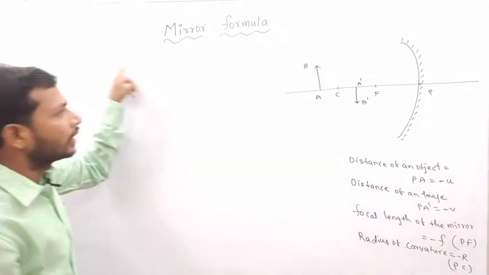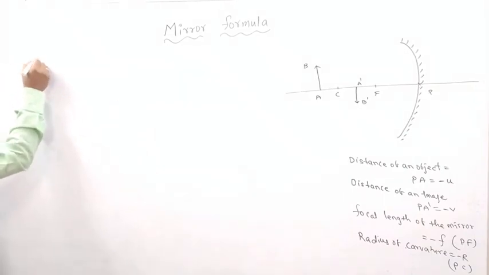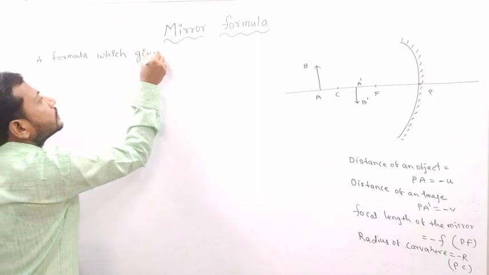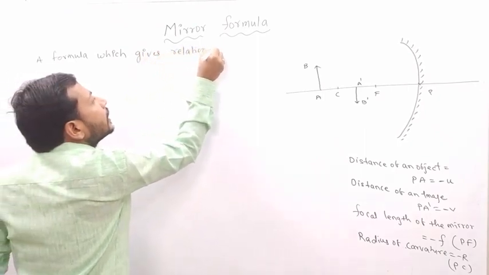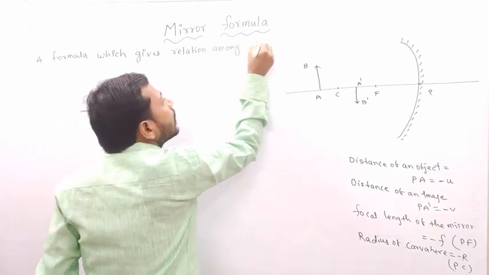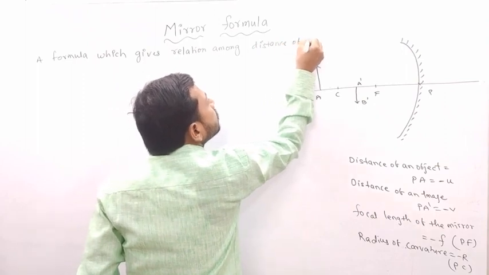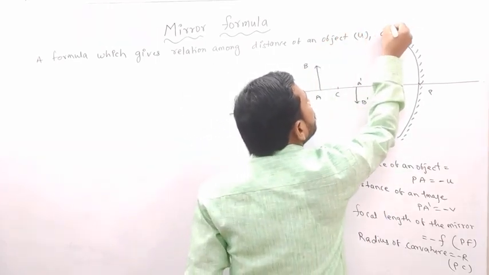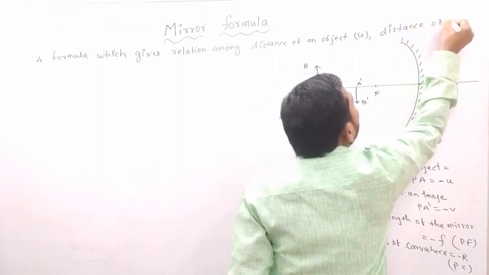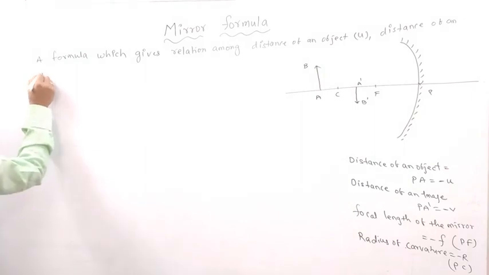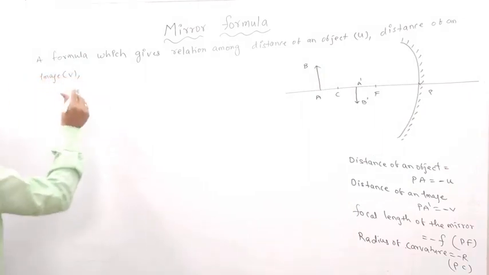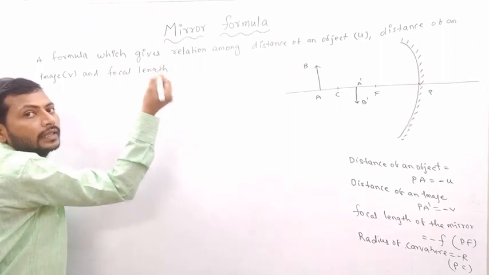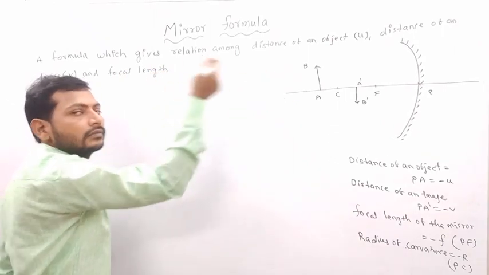So the same thing I am writing here, children. A formula which gives the relation among the distance of the object, U, the distance of the image, V, and the focal length or radius of curvature, both being the same thing.